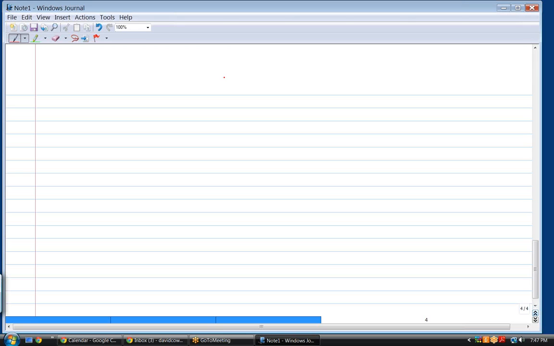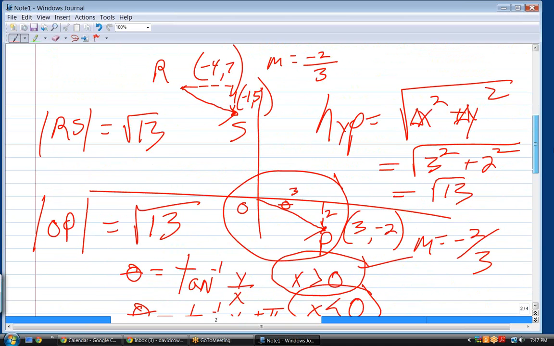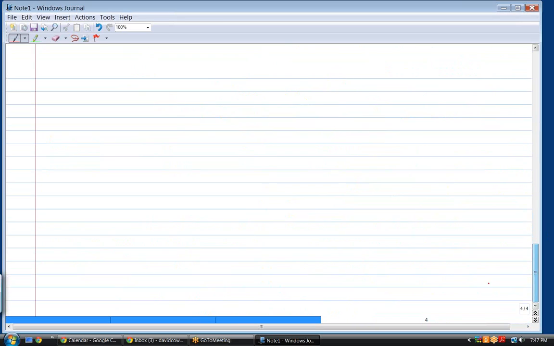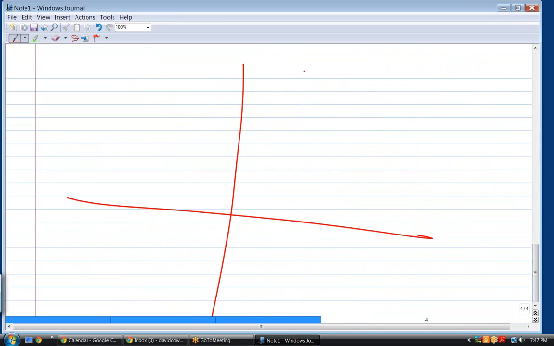Well, let's just talk about that for a second. Anytime you have a vector where one of them does not have its endpoint at 0, 0, you can always turn it into a vector that starts at the origin. In other words, it doesn't matter what vector I have. I can have a vector that's way up here. I can always turn that into that vector where one end is at the origin, and the advantage of that is that this vector requires me to describe two sets of coordinates.